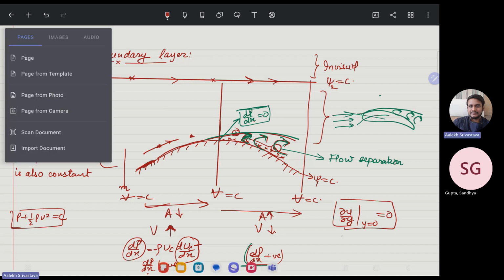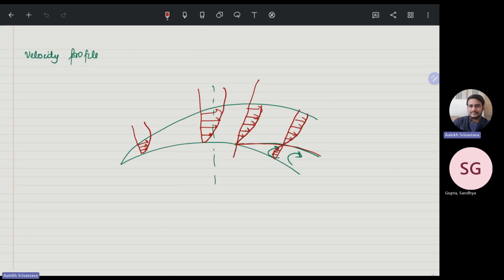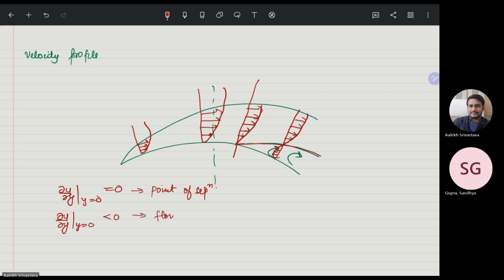I should write here: del u by del y at y equal to 0 is equal to 0 is the verge of, or point of, separation. If del u by del y at y equal to 0 is negative, the flow is separated.